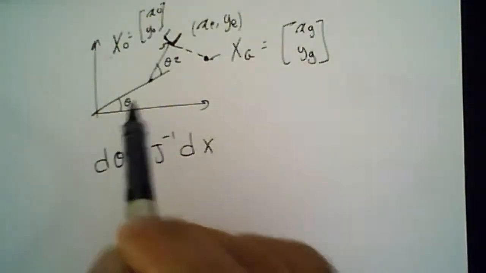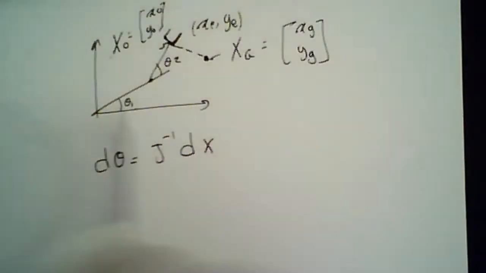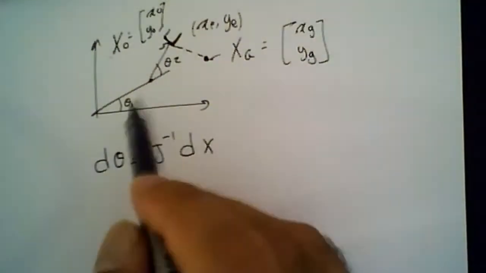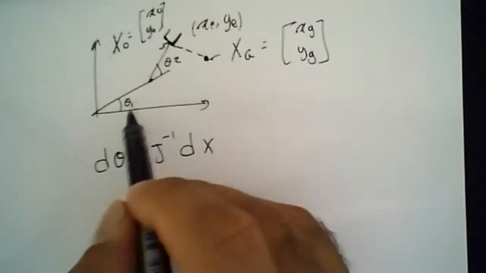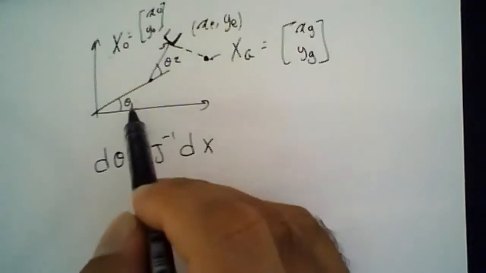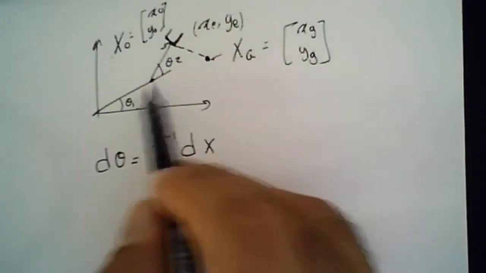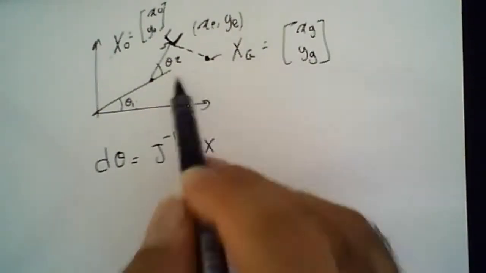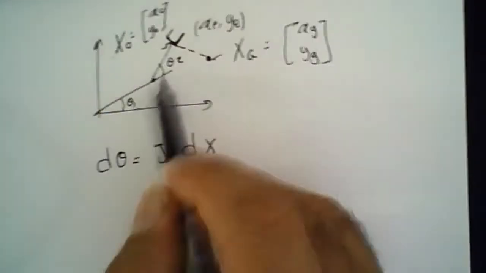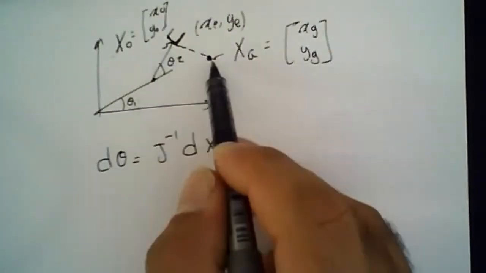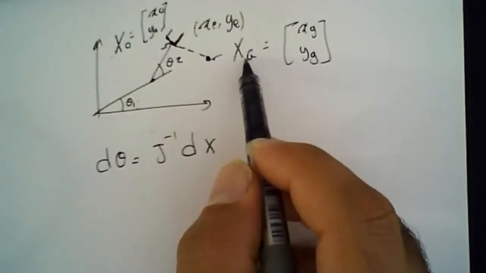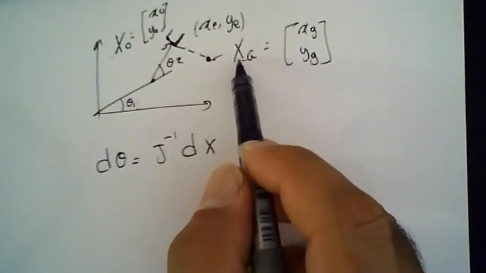But the solution is all developed here in the joint space, so we always have to have that. Say we're starting from a random position theta 1 and theta 2, and we are trying to solve the inverse kinematics: what are theta 1 and theta 2 when the end effector is at xg?